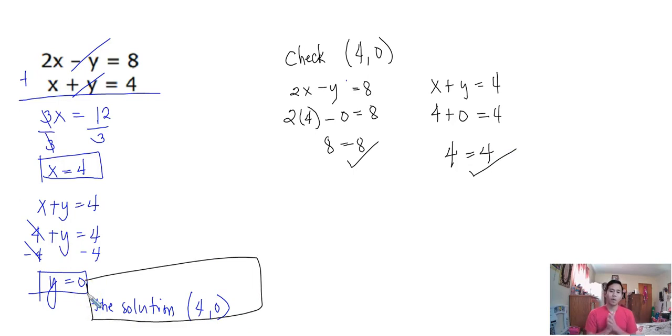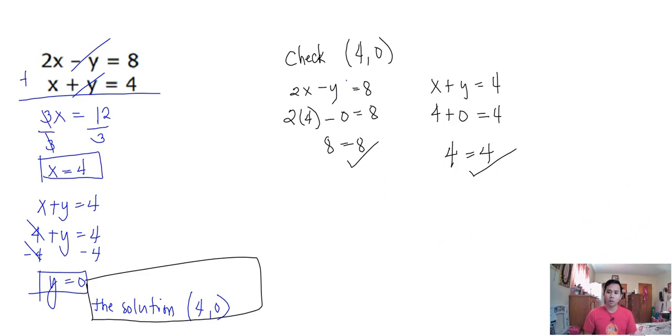All right, so again, this video is intended for you to use when you encounter different types of systems. What strategy works best on the given system? So let's go back.